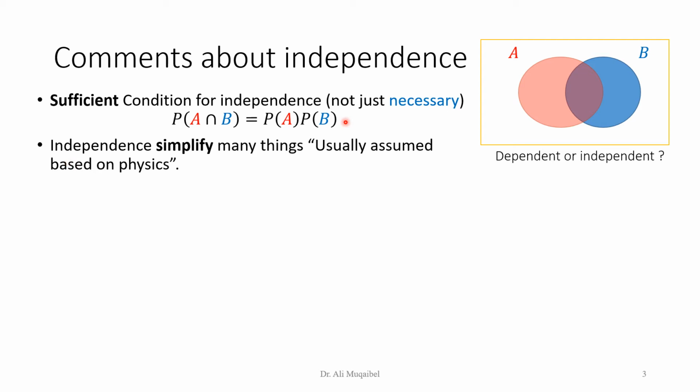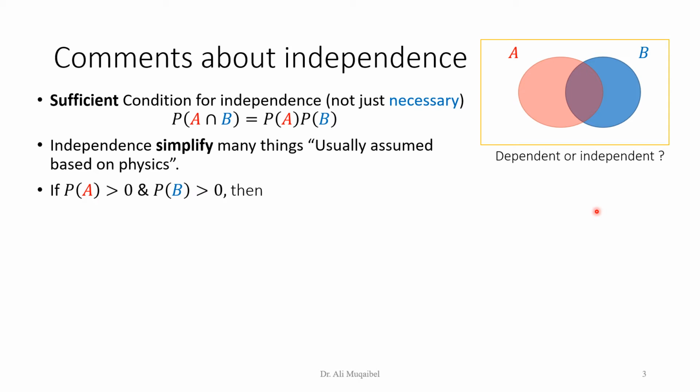Usually we are not proving it per se, but we have to use our common sense. For example, somebody in a different country buying his t-shirt, not connected to you. You can fairly assume that your color is independent of what he's going to do. But we have to be careful because sometimes we make assumptions that prove to be incorrect. So we always need to go back to the math proof.